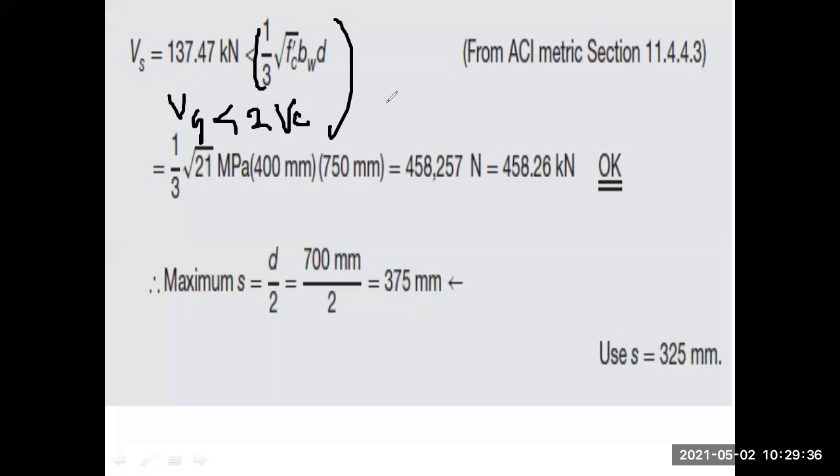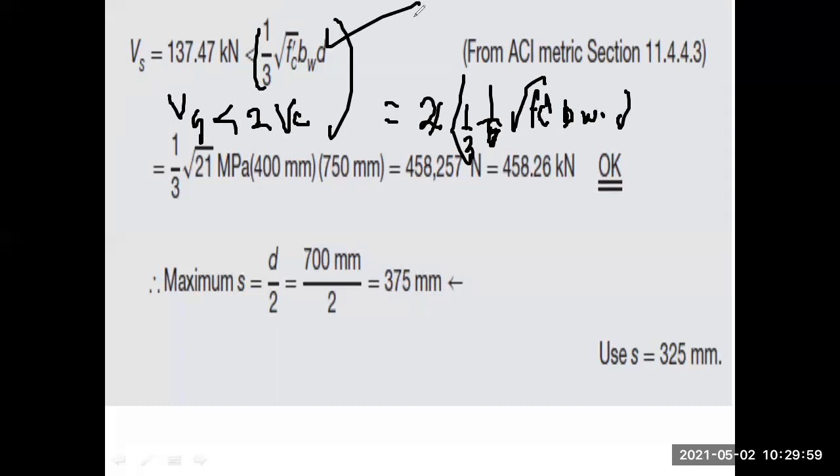Because VC is equal to 1/6 times root f sub c prime times b web times d, so 2 times that, 2 with 6, you would get 1/3 times root f sub c prime b web times d. So if this condition is satisfied, then you have a set of formulas.